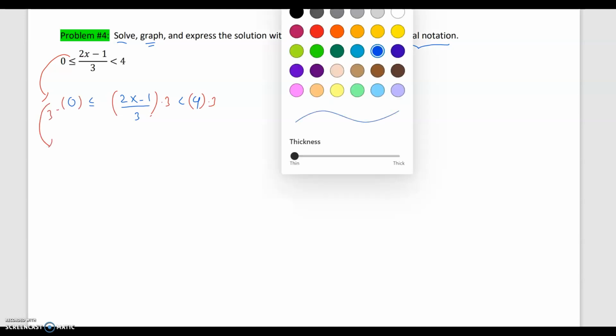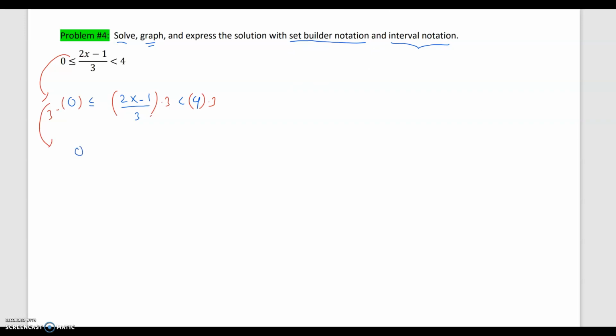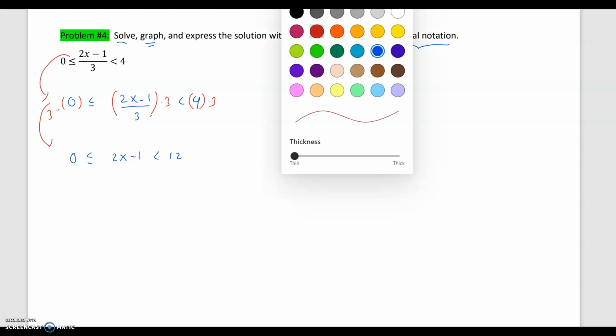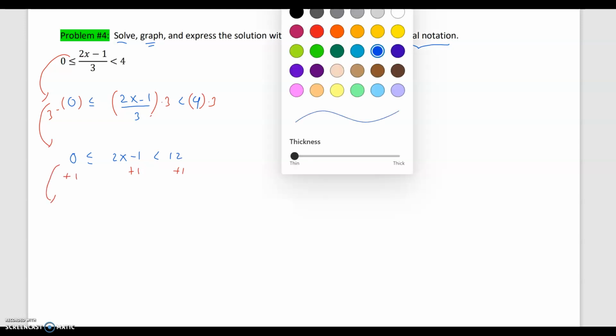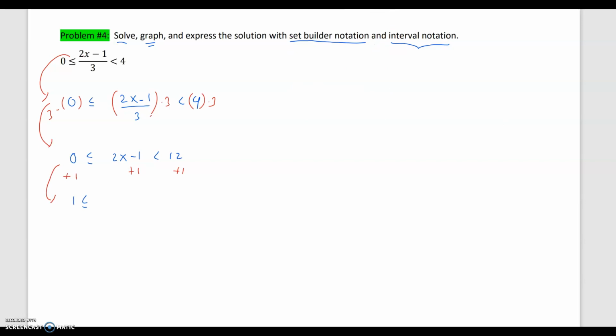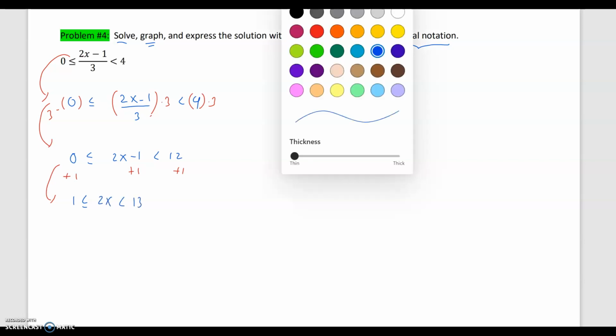And we're going to end up with the values of 0. Whoops. So we're looking at 0 less than or equal to 2x minus 1 less than 12. Then we're going to be adding a 1. So this gives us 1 less than or equal to 2x less than 13.